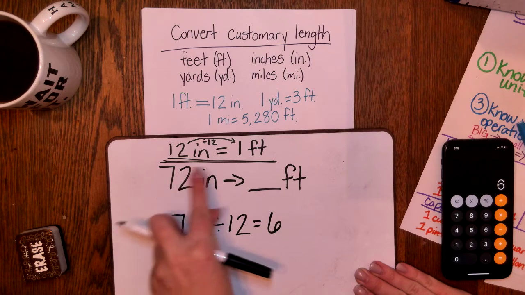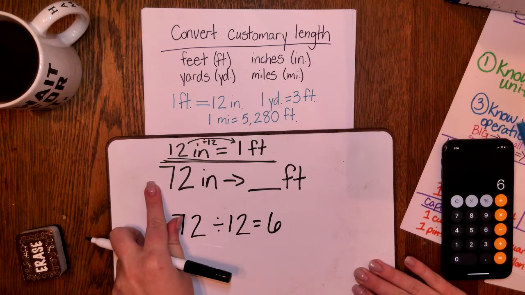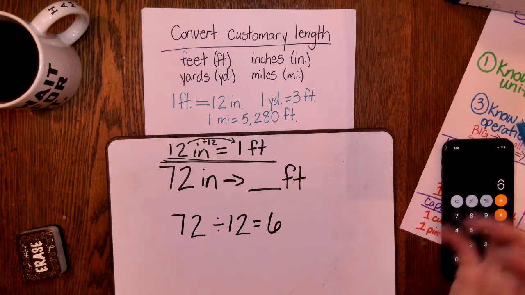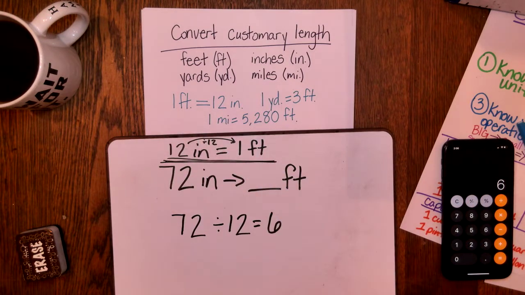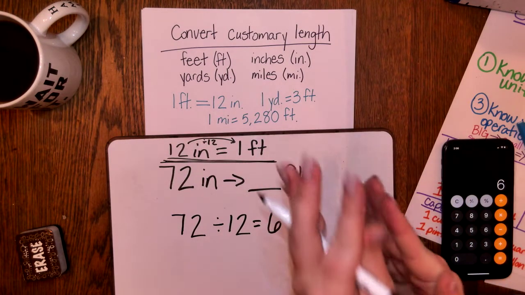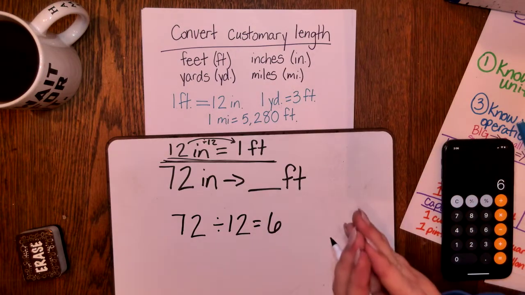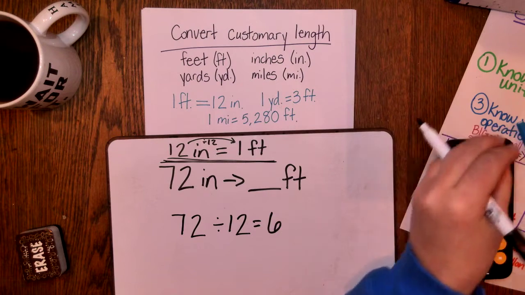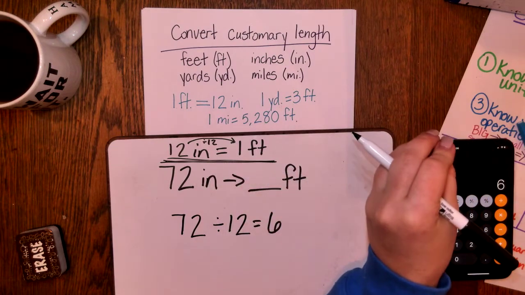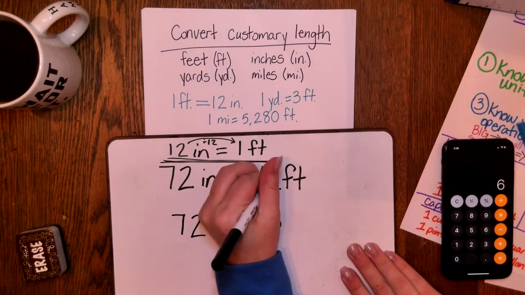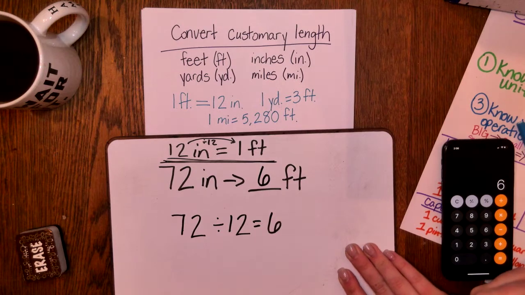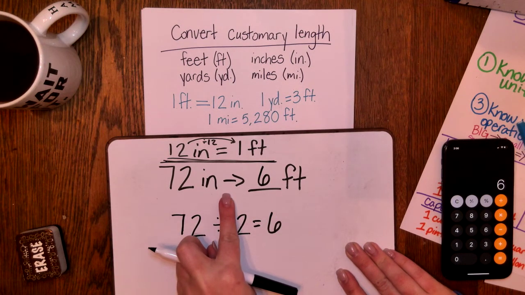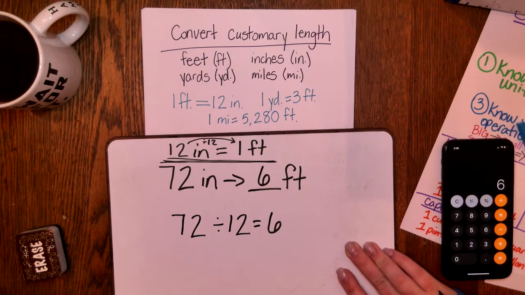So if I take 72 inches and I pass them out into groups of 12, 12 inches is a foot, 12 inches is a foot, 12 inches is a foot, if I pass that out into groups of 12 for each foot, I get 6 feet. 72 inches is the same as 6 feet.